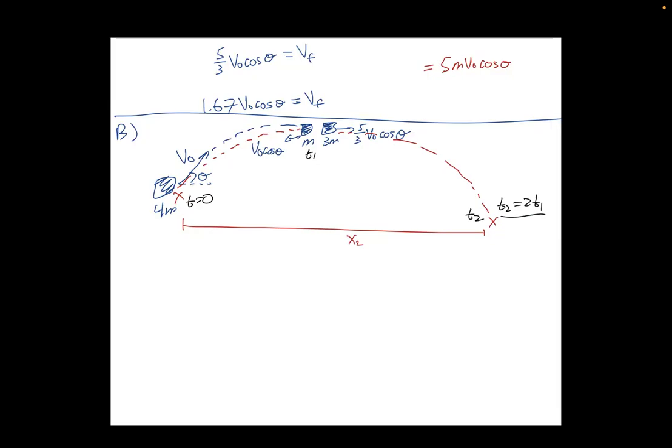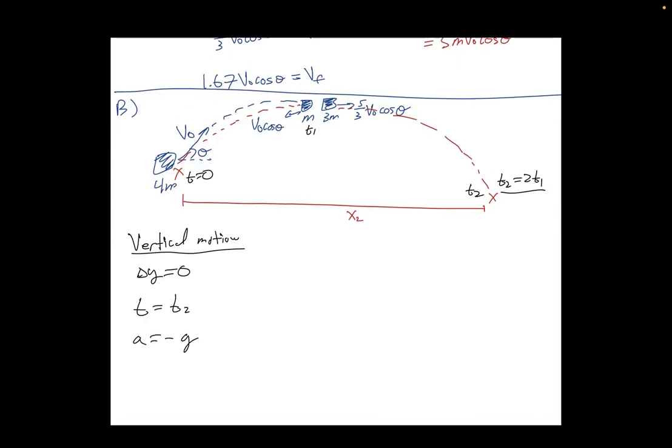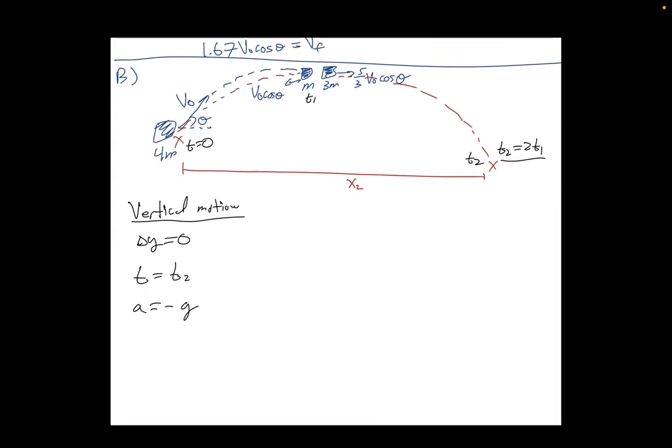So in the vertical motion, the total displacement is going to be 0. The time is going to be T2. We know the acceleration is downwards at a rate of 9.8 meters per second squared, and we know the starting velocity.